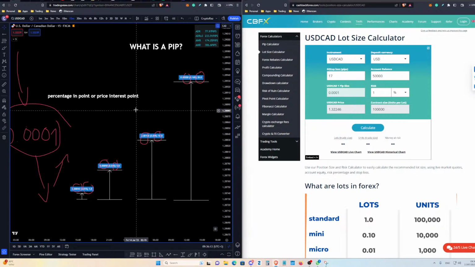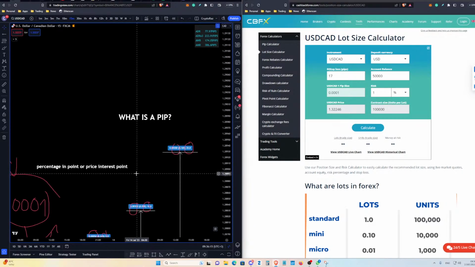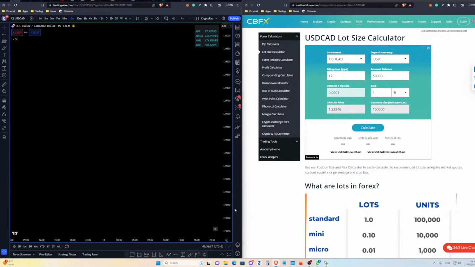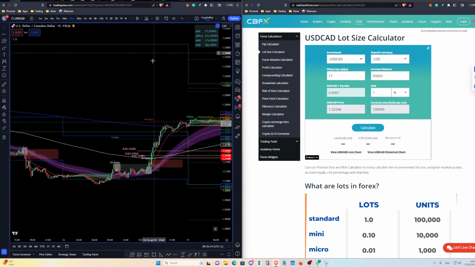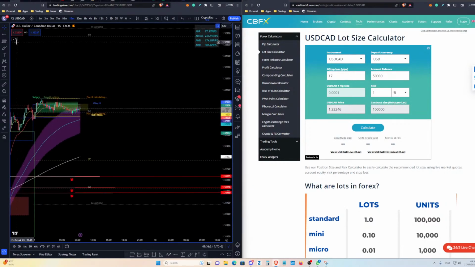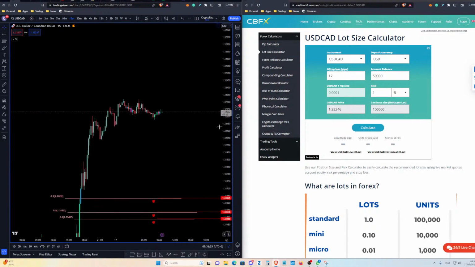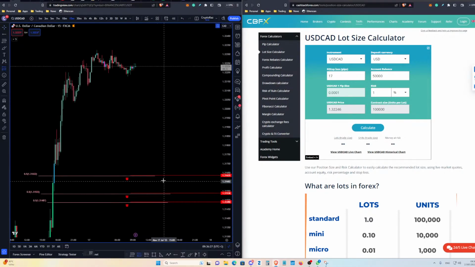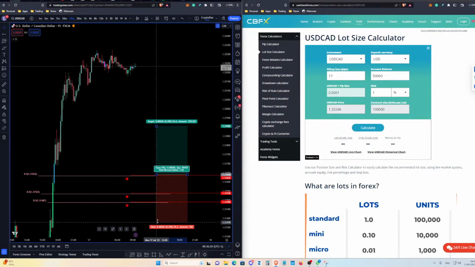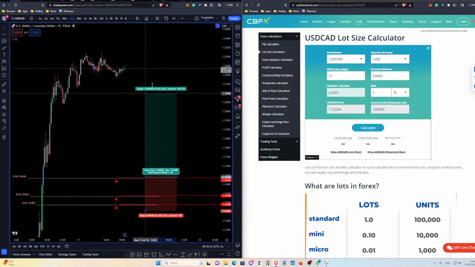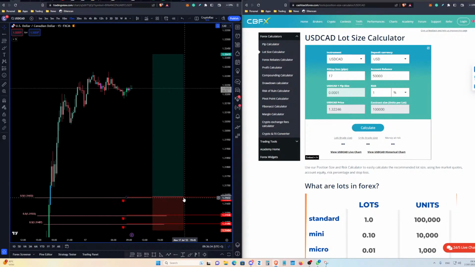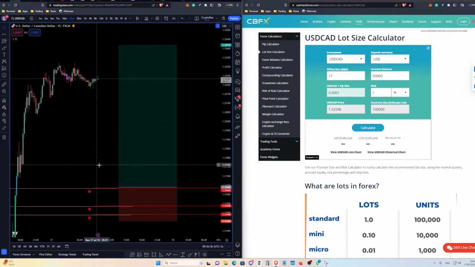Let's just say I want to enter a position. What I'm going to do, I'm going to go to that price point, and let's just say this is the setup I would like to take. Something like this, this is for example.